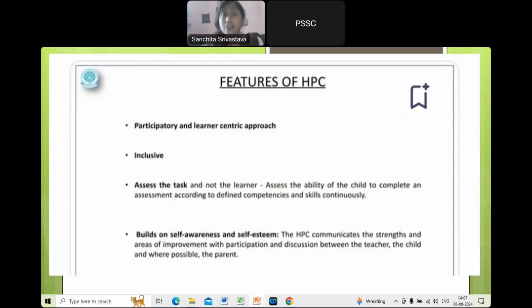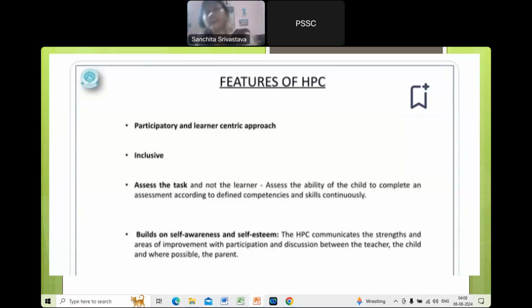But if the questions were changed or some topics were on a different platform, the child might have got good marks. So if the child is getting 60, yes, marks are necessary. I'm not saying that marks are not necessary. But in the holistic progress card, apart from the marks, the child can be assessed on the things that the child is good at.